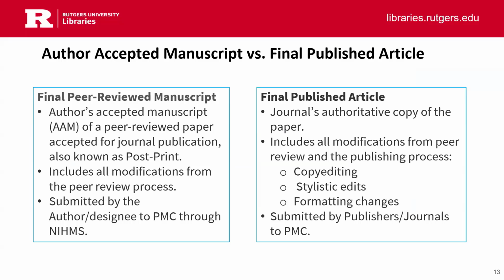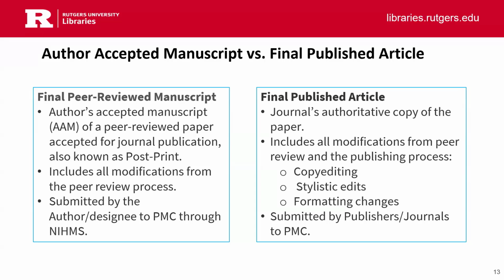So when we talk about depositing papers, we are referring to acceptable versions. One is the author accepted manuscript, and the other is the final published paper, and they are different. The final peer-reviewed manuscript is sometimes also called the author accepted manuscript, or postprint.